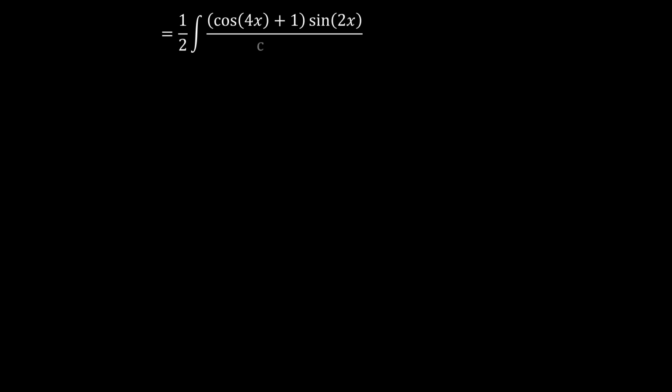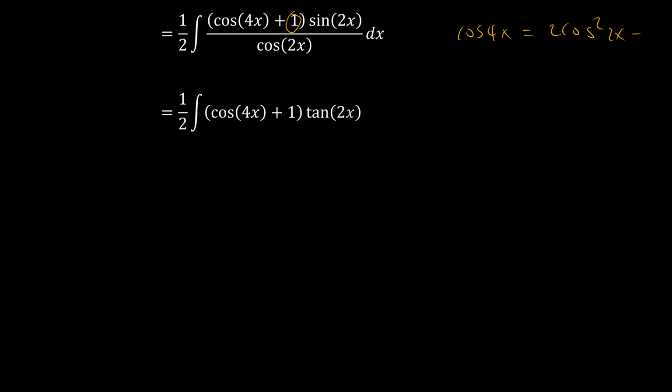We can also go ahead and try to eliminate this 1 here by expressing cosine 4x in the form of twice cosine squared 2x minus 1. So we have 2 cosine squared 2x minus 1 plus 1, and this and that would cancel.